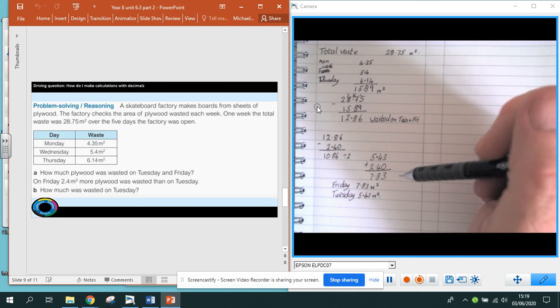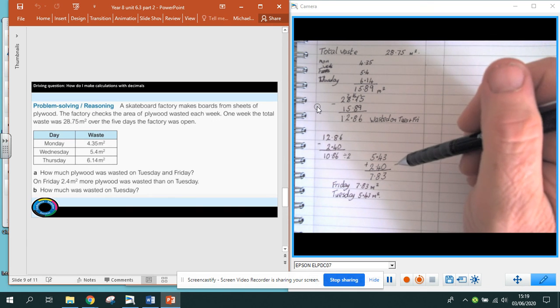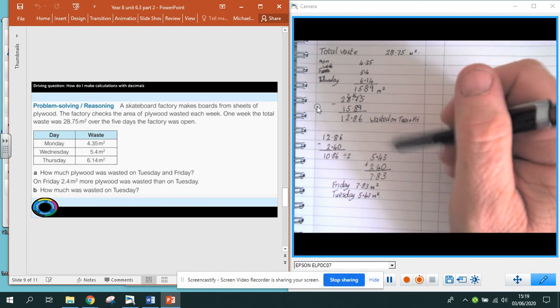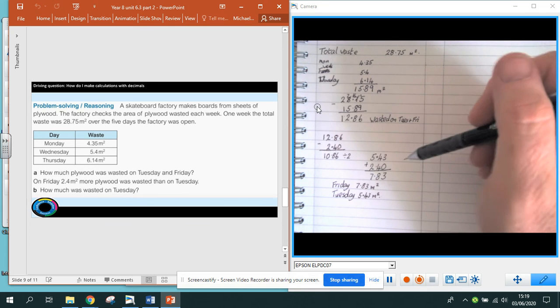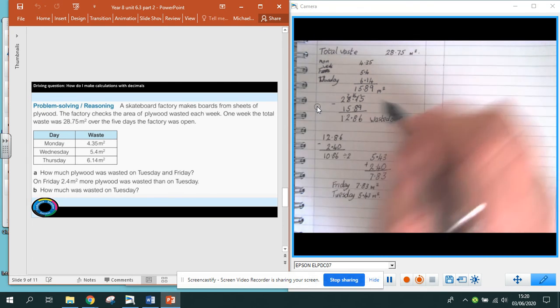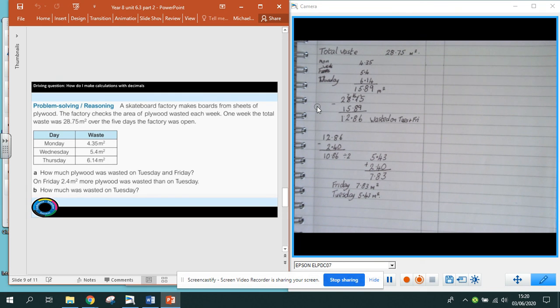It's not a trick, it's a technique that you can use over and over again. Okay, so please make certain you've got this one written down. This is a really, really important technique that you can use over and over again as you go through maths. So if you need to, pause the lesson now and then catch up when you're ready.